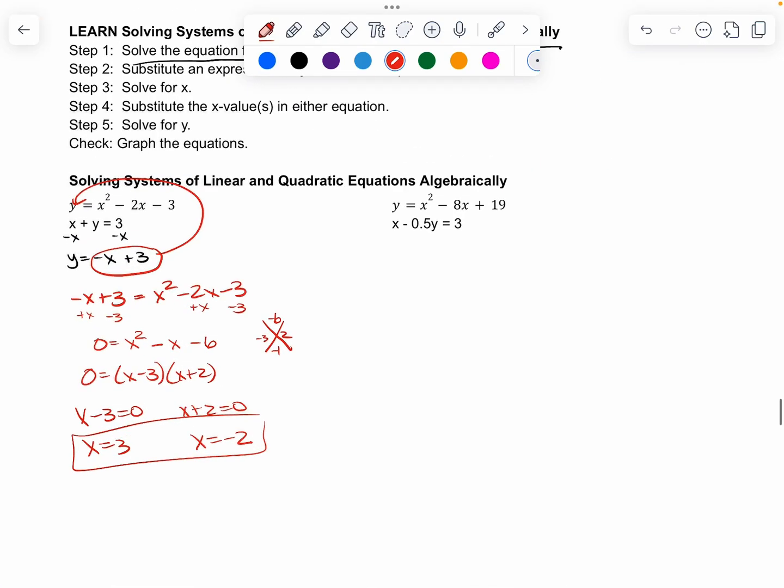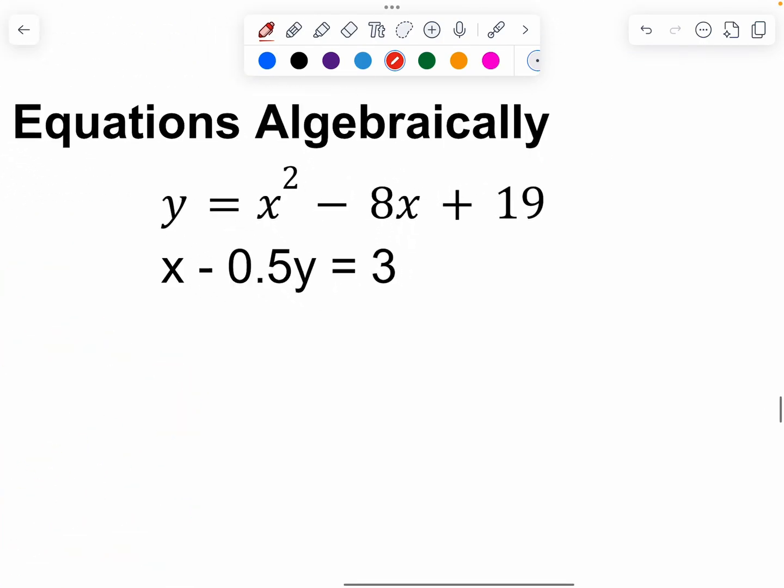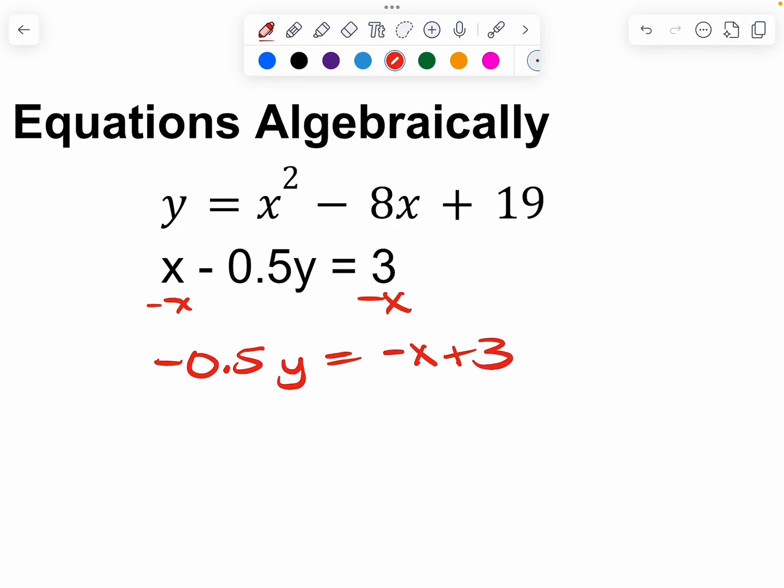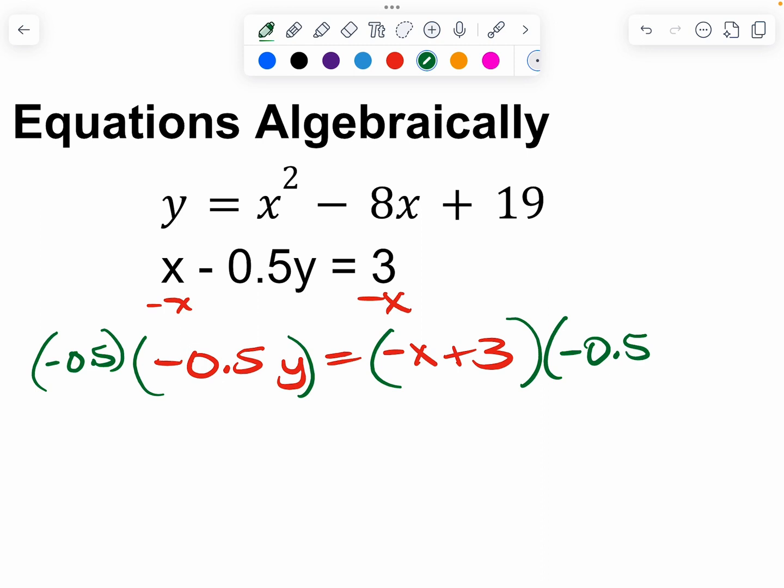Okay, next, I'm going to do this one. So subtract x from both sides, get negative 0.5y equals negative x plus 3. I am going to multiply by negative 0.5. I'm going to get y equals 0.5x minus 1.5.